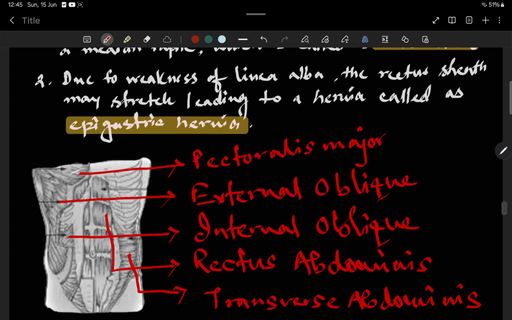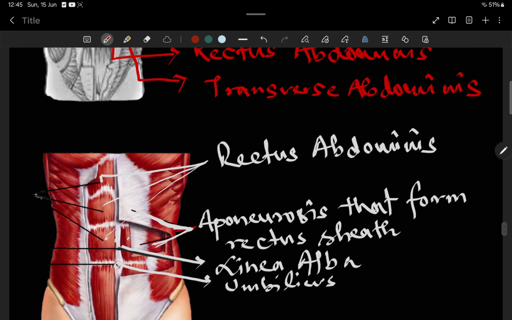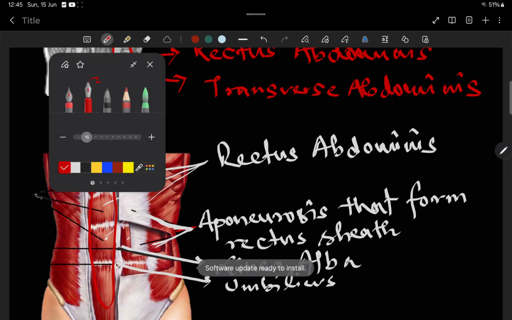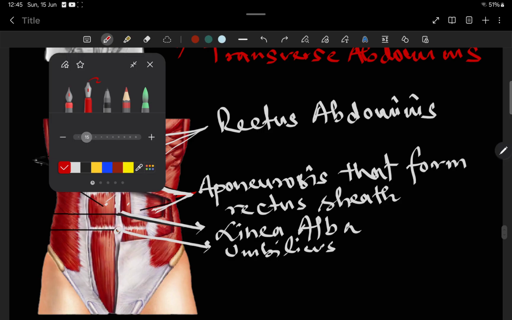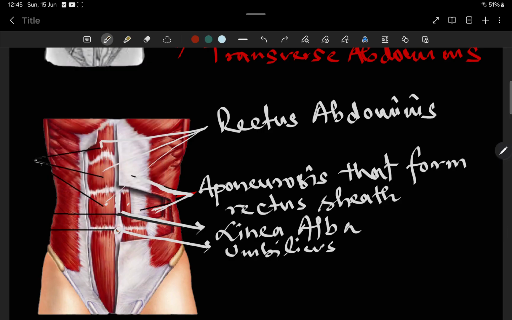See, rectus sheath of this side and rectus sheath of this side joined together, and this portion is known as the linea alba.